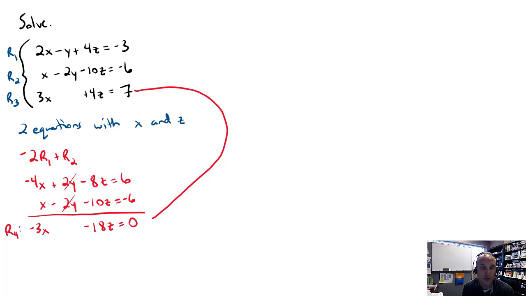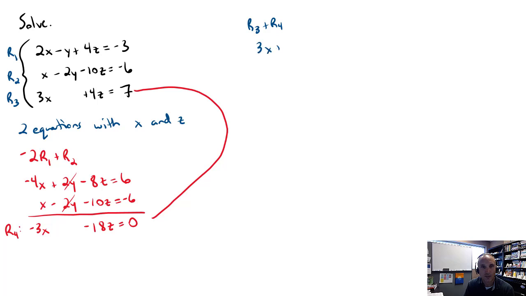Sorry, we want to use row 3 and row 4 to eliminate one of those 2 variables. And I can see that if I add row 3 to row 4 right now, the positive 3x and the negative 3x will cancel. So I'm simply going to take row 3 plus row 4.